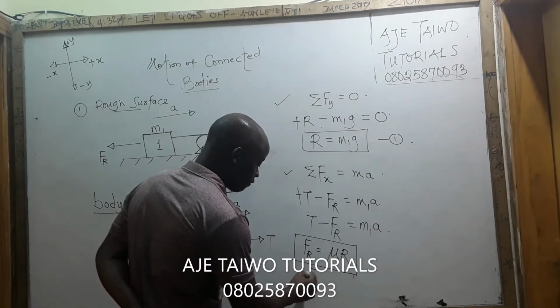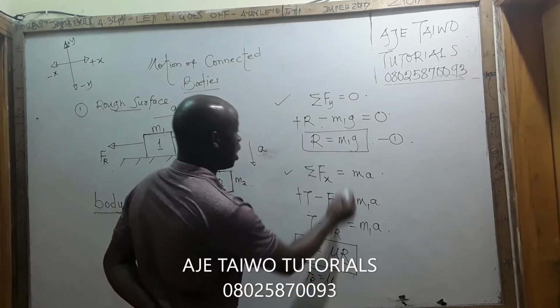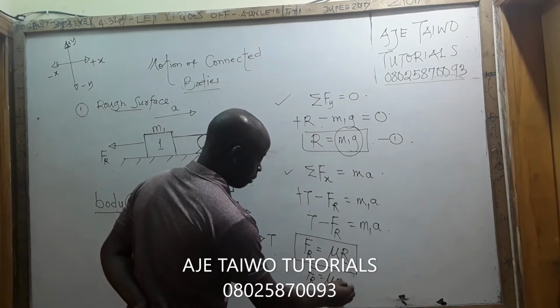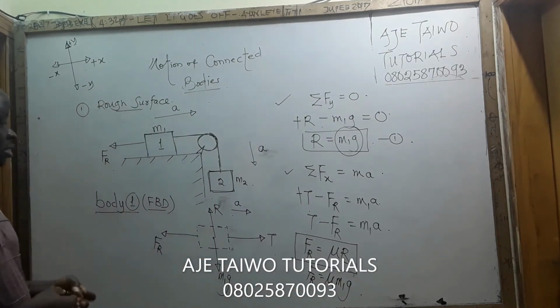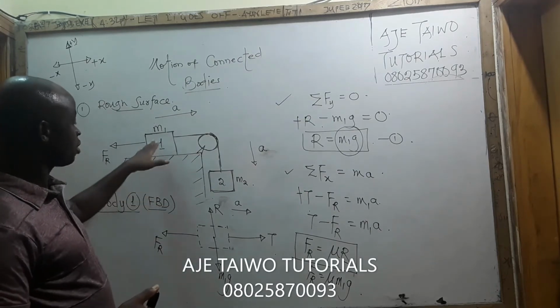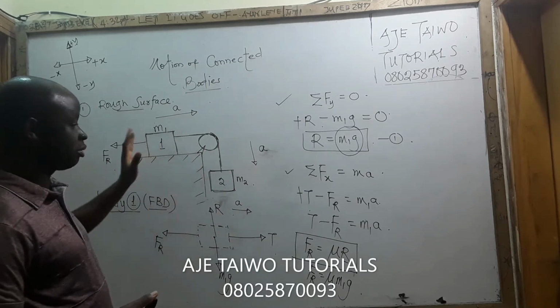That means Fr equals mu R. If you remember, R is M1g. So it's now mu M1g. So that's what we could get for the first body.